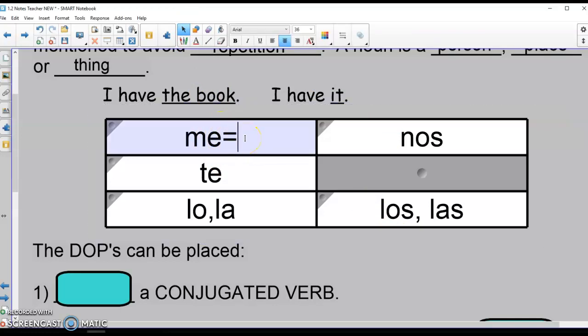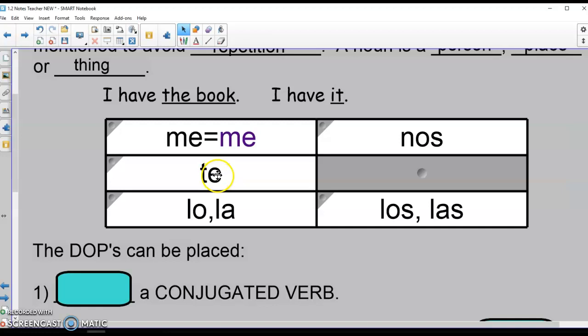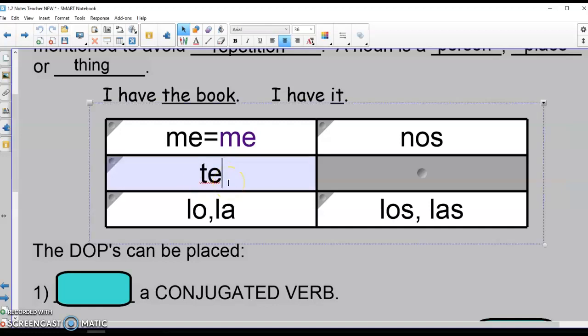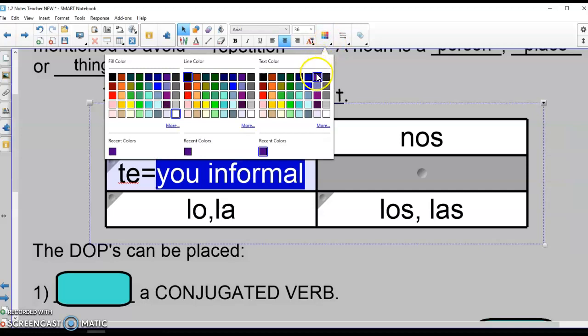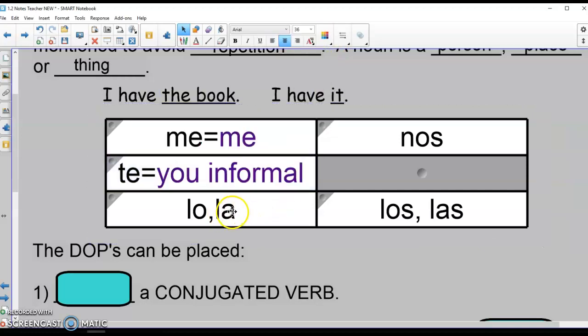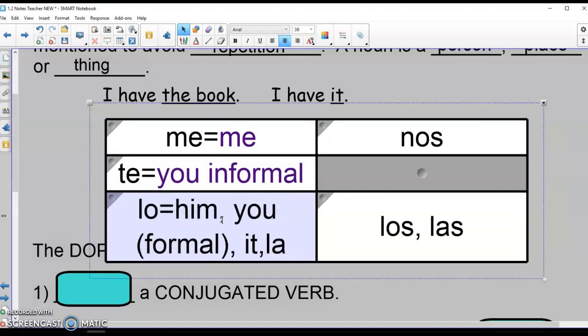So me is going to mean me. Okay, te is going to mean you informal. Okay, lo can mean him, can mean you formal, or it can mean it.